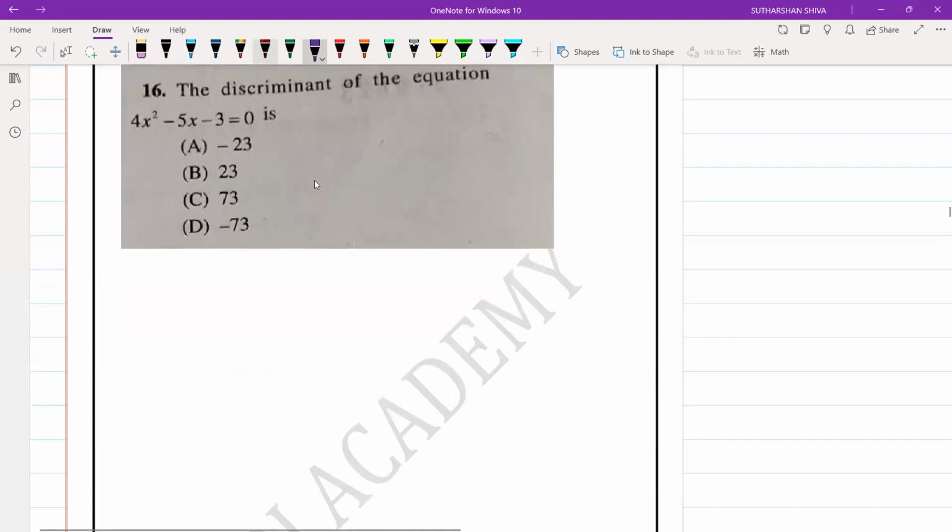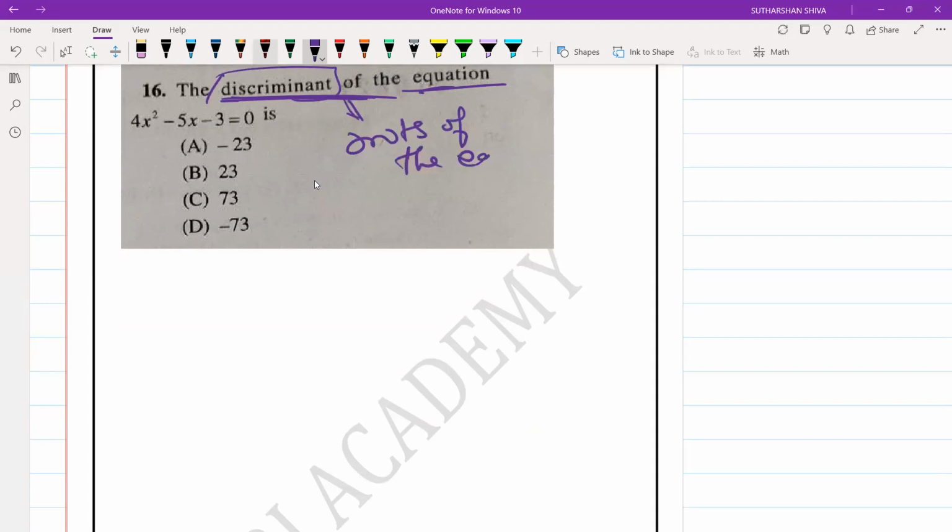Then question 16. The discriminant of the equation 4x square minus 5x minus 3 is equal to 0. If they ask about the discriminant, it is nothing but the roots of the equation. Whenever you come across roots of the equation, nature of roots, or discriminant type questions, simply do b square minus 4ac.